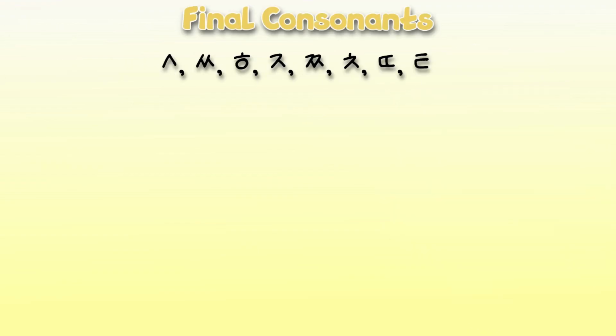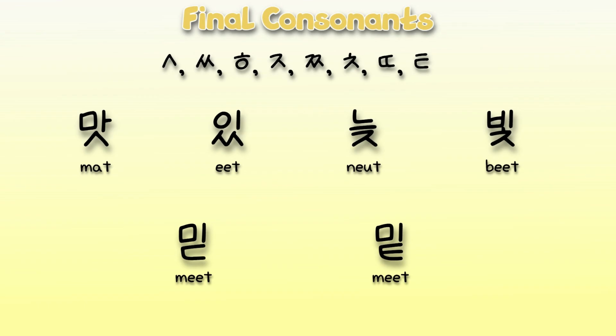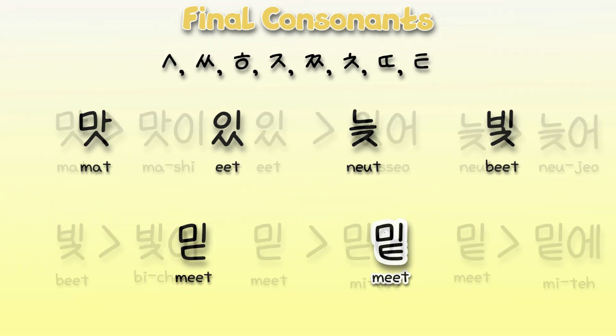To give you an example of this rule, here are some words that this applies to. 맛, 있, 늦, 빛, 밑. You can hear how the end of these gets pronounced as our D/T sound. Something to remember is this only applies when it's padchim. If these words were followed by vowels in the next syllable, they go back to normal.